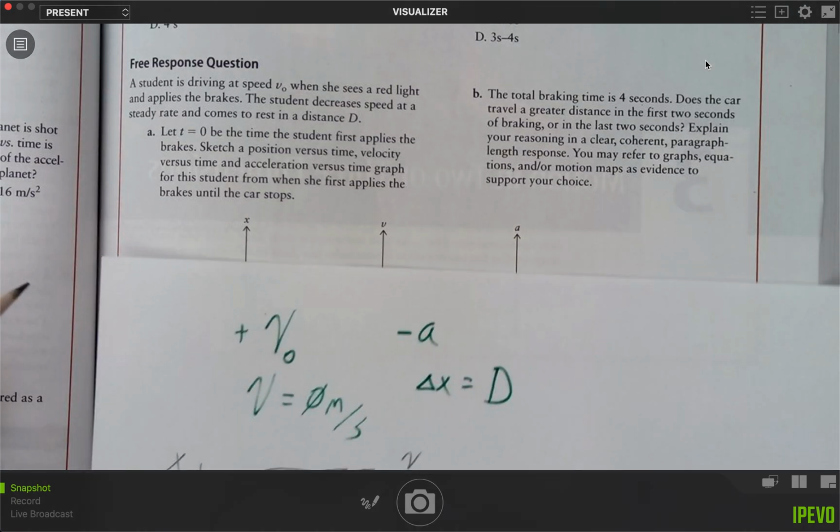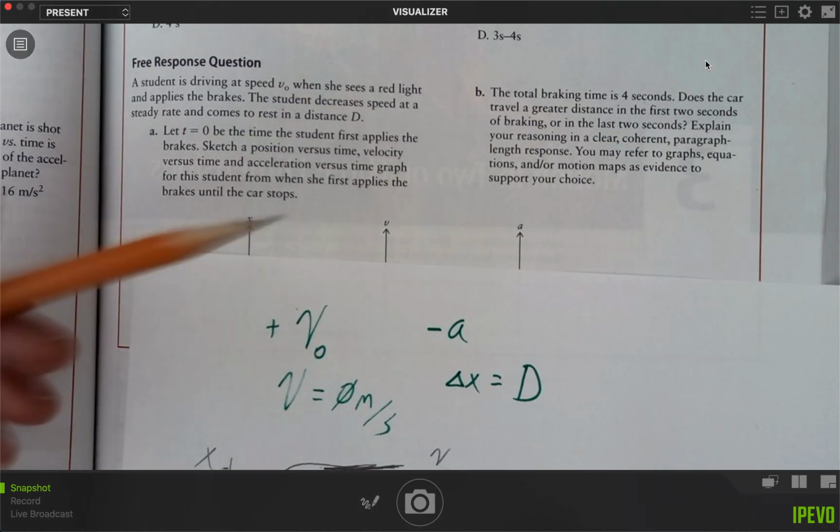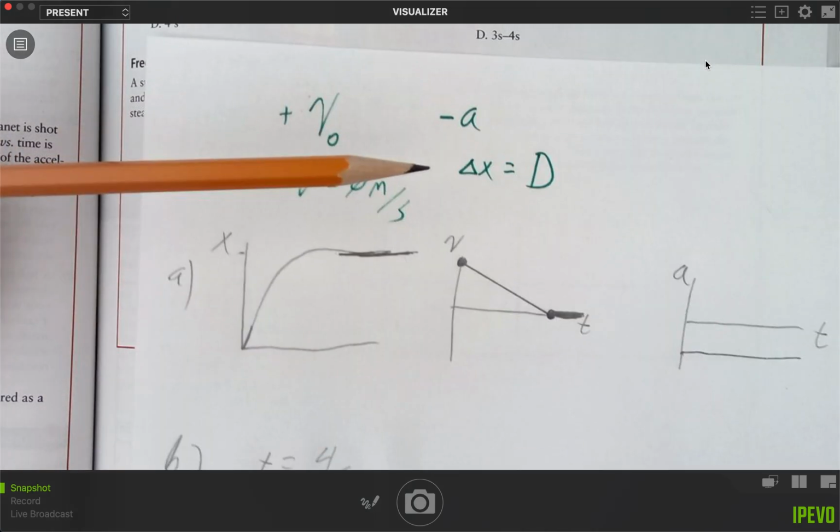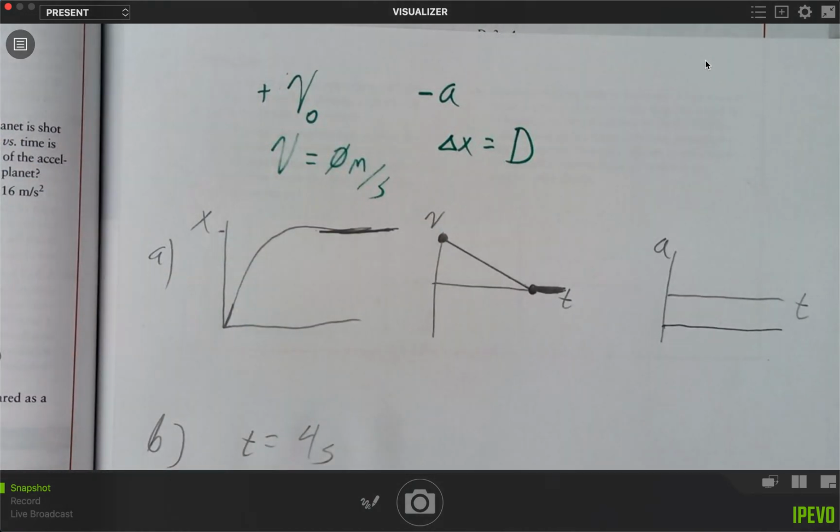It says that we can refer to graphs, equations, or motion maps. Well, we just drew some graphs. So I'm going to come to here and make some graphs.